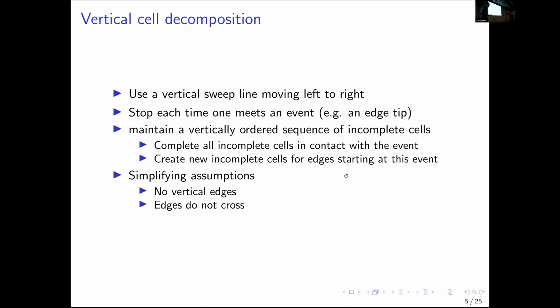So basically the idea is that you sweep the workspace with a vertical line, and every time you meet an extremity of an obstacle, you start doing something about maintaining the cells.